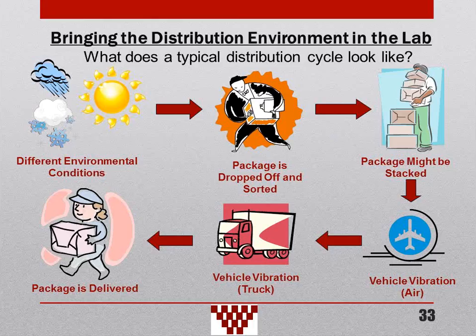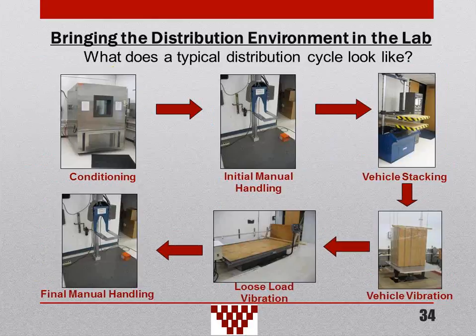If you were to take this cycle into the lab, what would it look like? For the different environmental conditions, we'll put the packages in a chamber, and it will go through hot and humid, freezing, maybe rainy and humid. Then initial manual handling is when your product and package is dropped off and it's in the UPS sorter, being banged and handled and manhandled. Next is vehicle stacking.